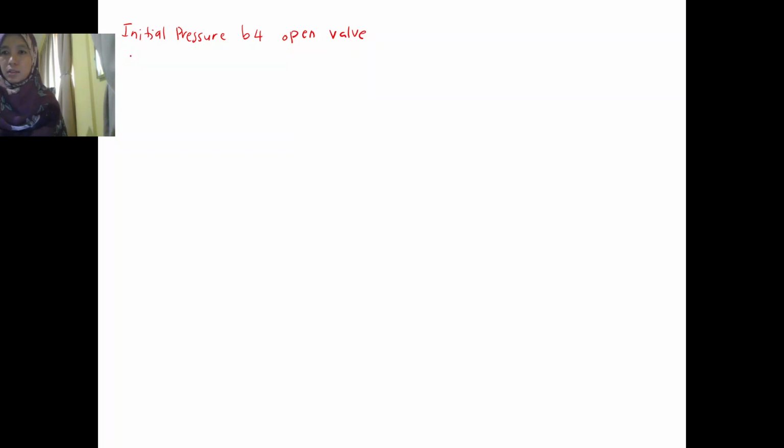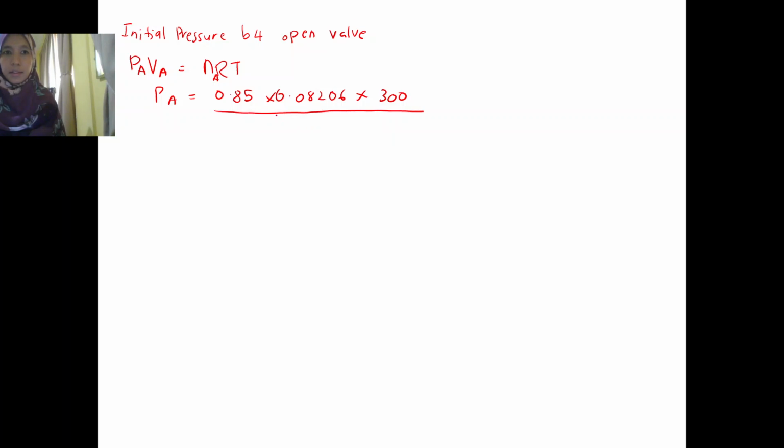So for A, PA VA equal to nRT. So partial pressure of A, mole of A 0.85 times 0.08206. Okay, this one is gas constant, temperature 300. Okay, divide by volume is 6.